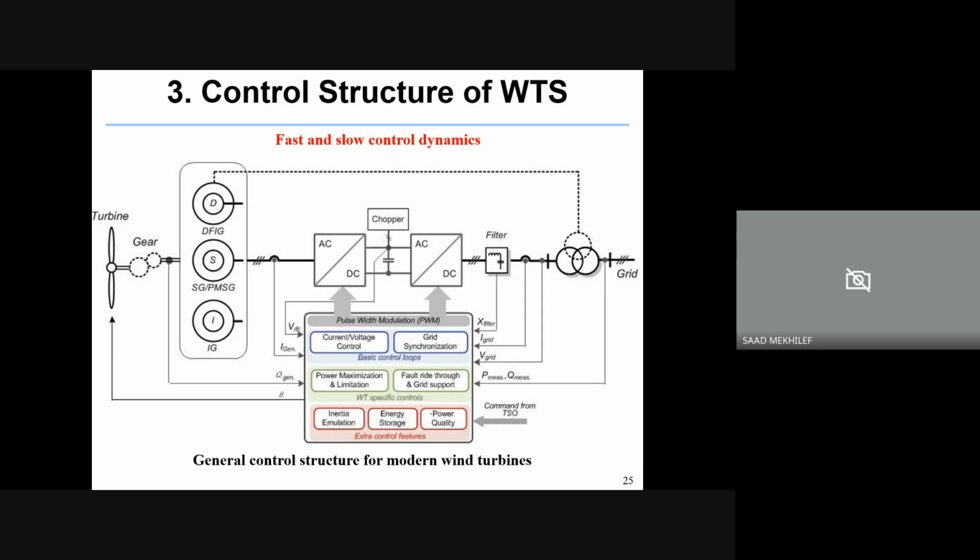But you can see that if it is fully power electronics or converter-driven wind turbines, it all goes back to these converters' PWM control that is generated in terms of grid synchronization, voltage, frequency, voltage and current control. Even, like I mentioned just now, the MPPT, the inertia emulation, and energy storage.